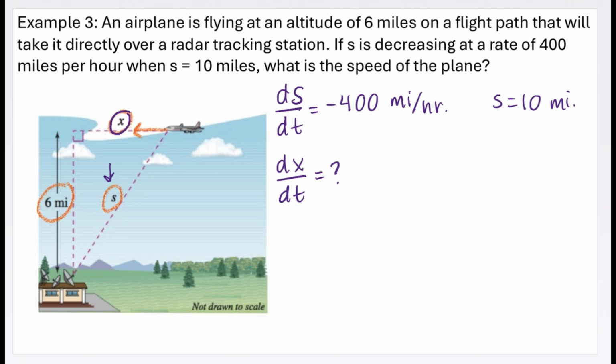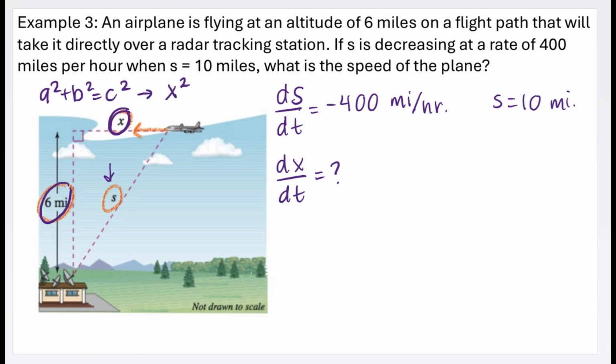Now, when I look at this picture, I see a right triangle. The sides of a right triangle are related by the Pythagorean theorem, which is a squared plus b squared equals c squared. Now, in this particular picture, I'm going to adjust it to match up with what's in the picture. One of my legs is x, so I'll have x squared.